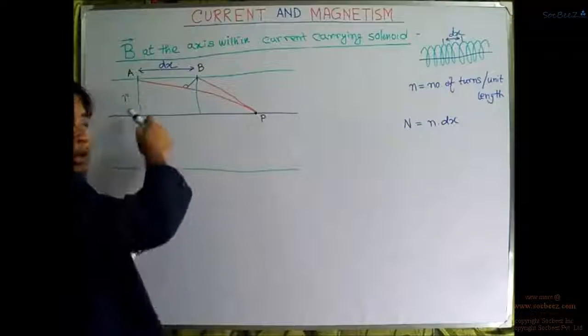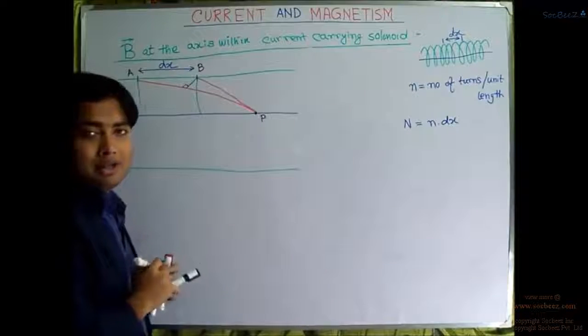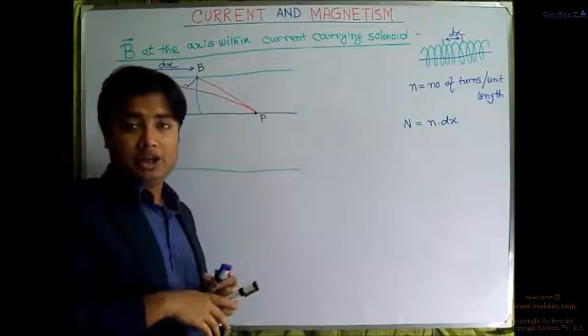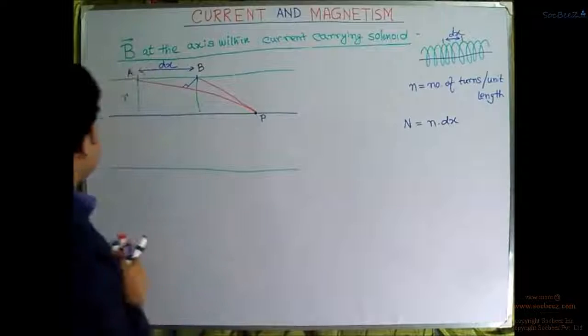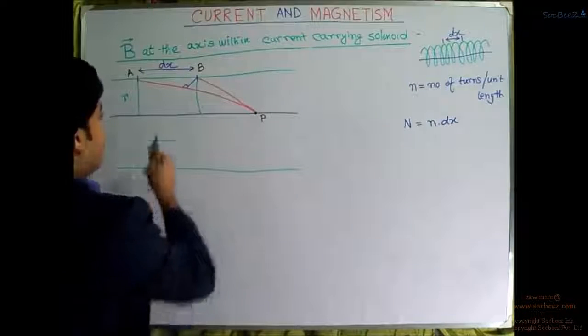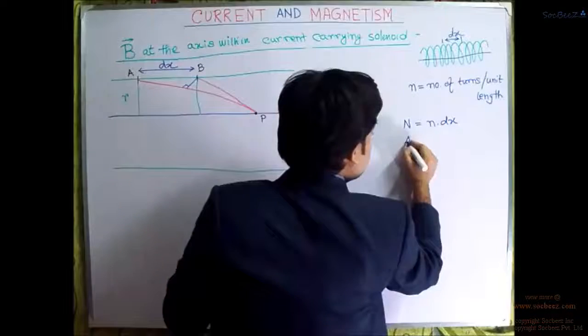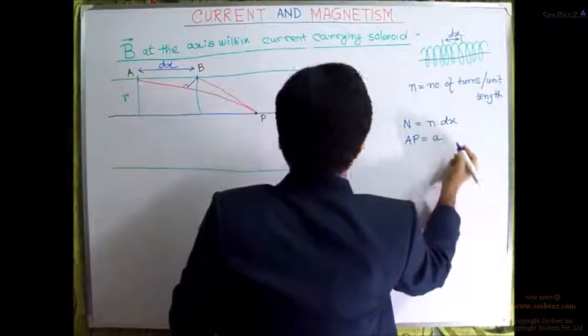This is a coil, this is the axis, and this is the point on the axis. If we recall the previous lecture, it stems from that topic. So let the length of AP be equal to, say, a.